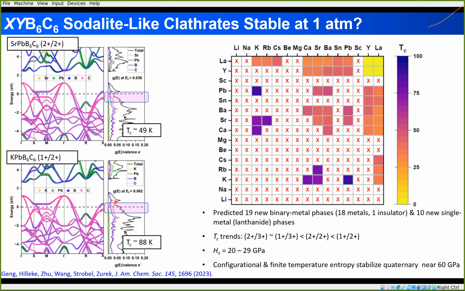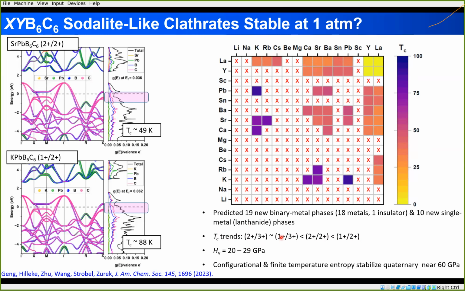And actually, one can correlate the average oxidation state with the TC because it's pretty much dependent on where this density of states hits. So the TC trends are that the highest TCs will be 1.5 plus average valence, which will be followed by the 2 plus average valence, and then these two types of combinations have about the same TC.